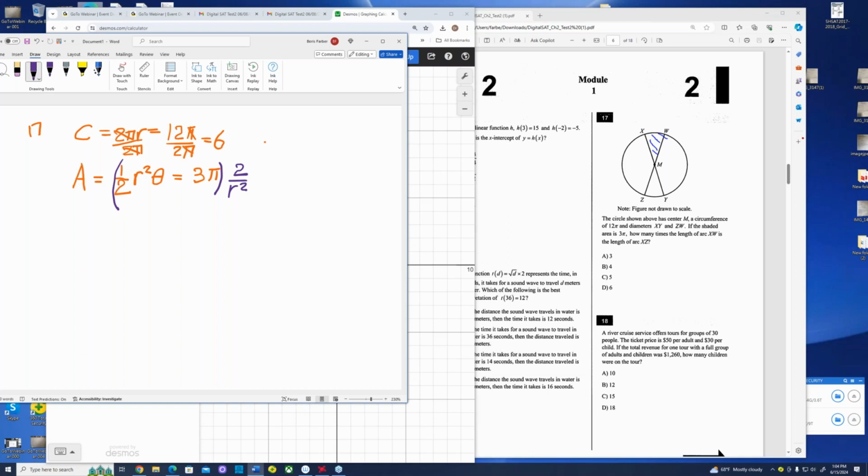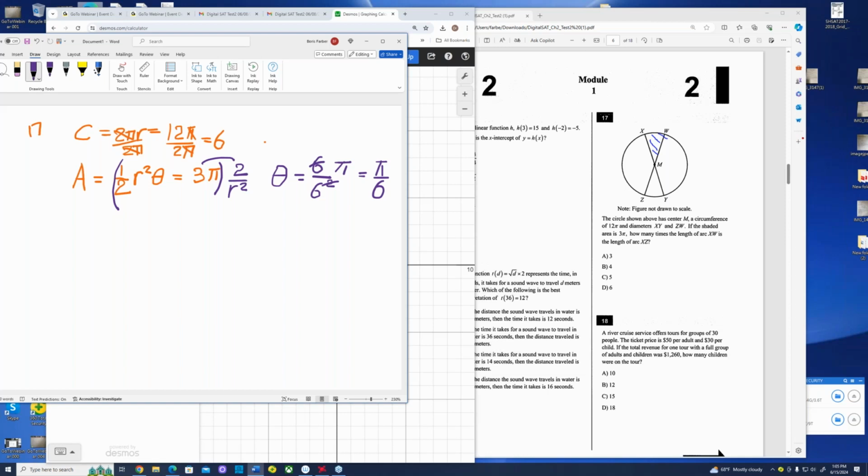So these 2 and 2 cancel out, r squared cancels out. I get what? Theta equals 3 times 2, which is 6, and since r equals 6, 6 to the second, and everything multiplied by pi. So cancel out this, and I get pi over 6. What is it? It is my theta.